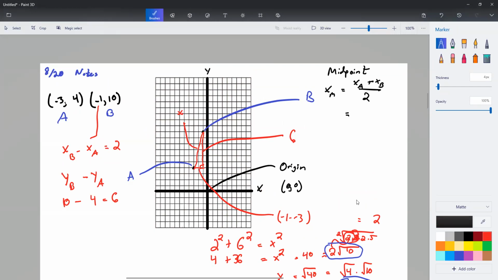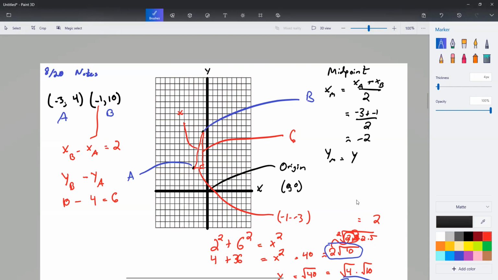So when we do that, we're going to get -3 plus -1 divided by 2. So that's going to be -4 divided by 2, which is going to be -2. So that's the x coordinate of the midpoint. The y coordinate of the midpoint, same process.